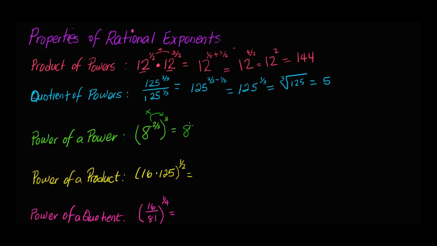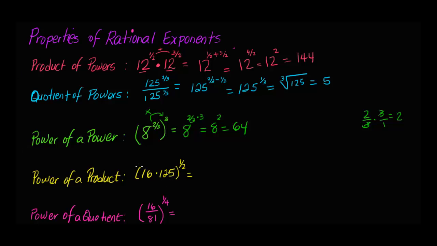So this equals 8 to the 2/3 power times 3. What's 2/3 times 3? Remember, 3 is over 1, so I can cross cancel 3 and 3, and that gives you 2. So 8 to the 2nd power is 64. Let's look at the other property.